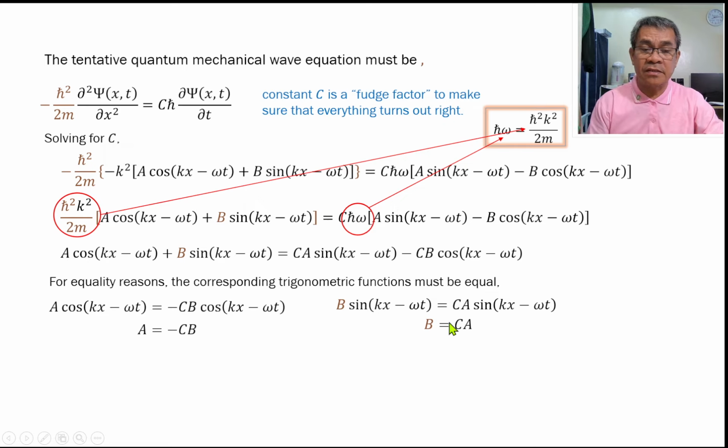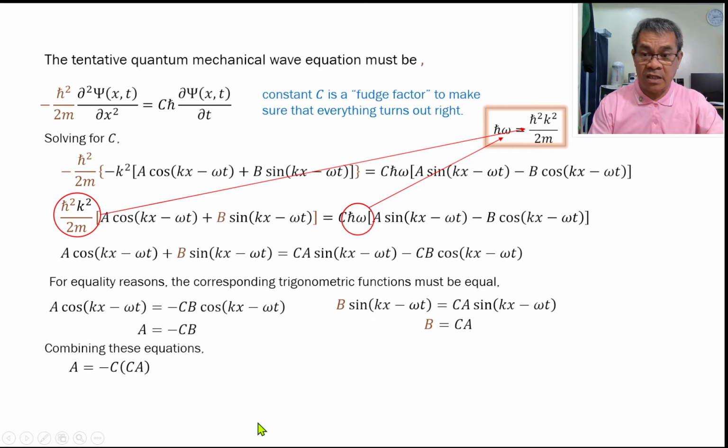So therefore, take note that we can solve for C by substituting B equal to C A, or vice versa. Combining these two equations, replacing B with C A, this will become A is equal to negative C times B, but instead of B, C A. So therefore, simplify, we come up C is equal to i.